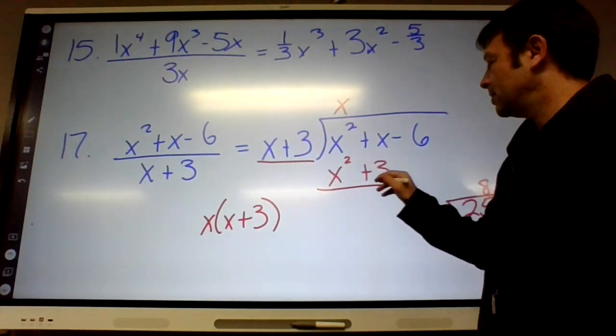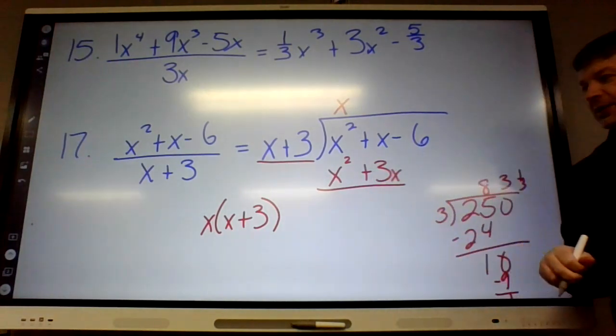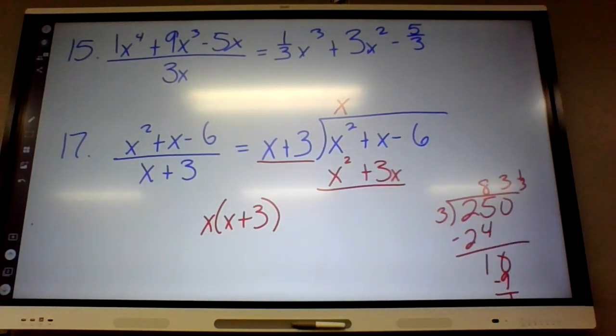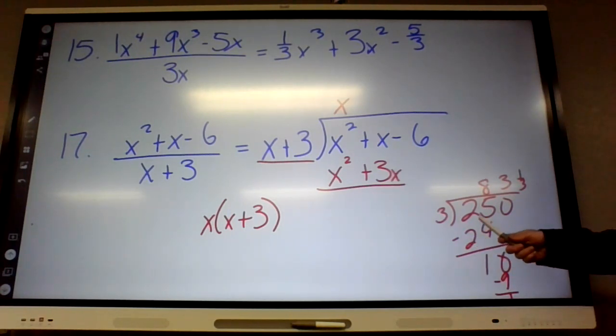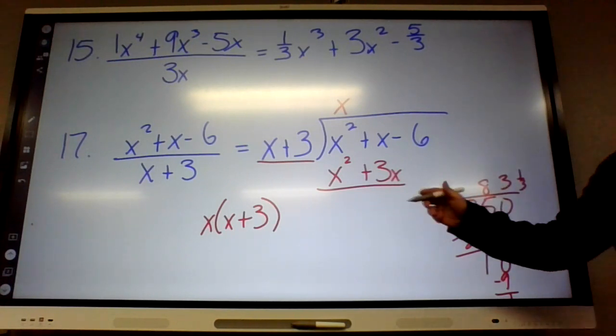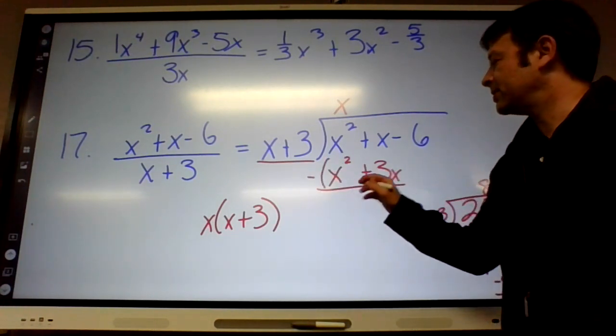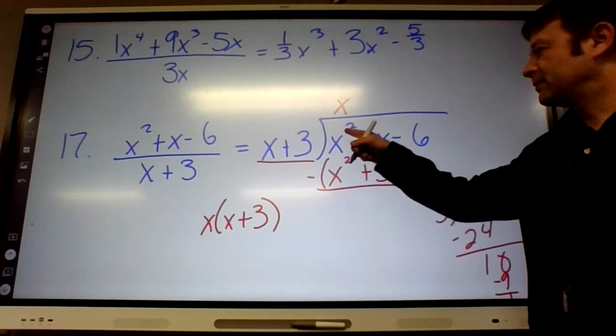Okay, now here's where the mistake usually comes. Listen, we are subtracting this bottom one from the top one.